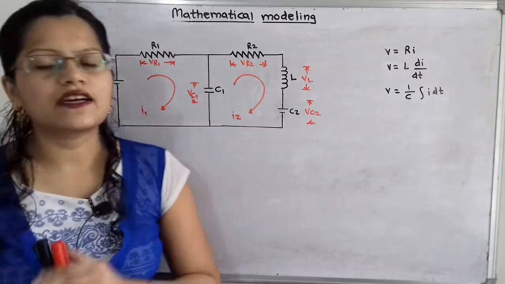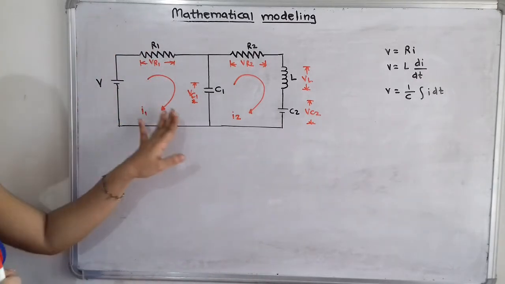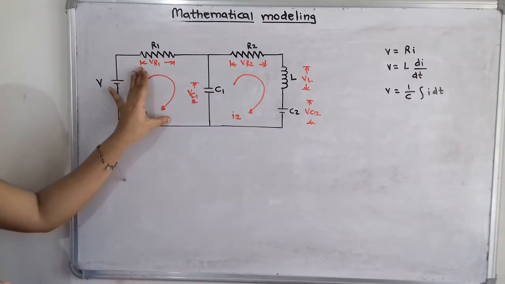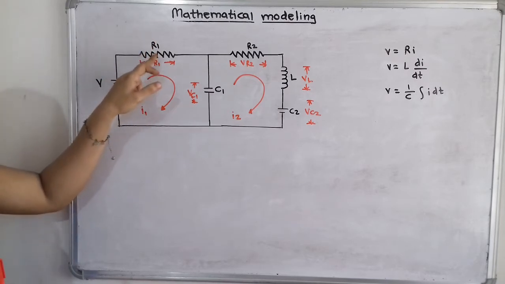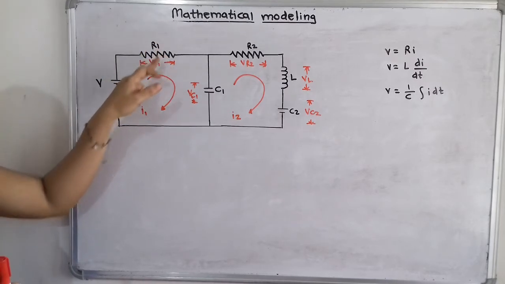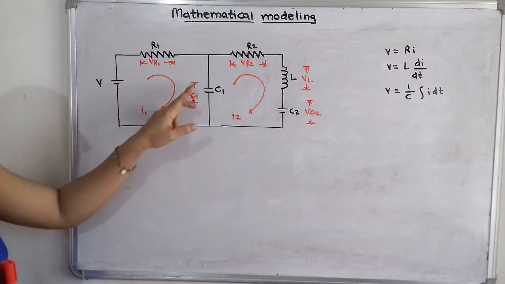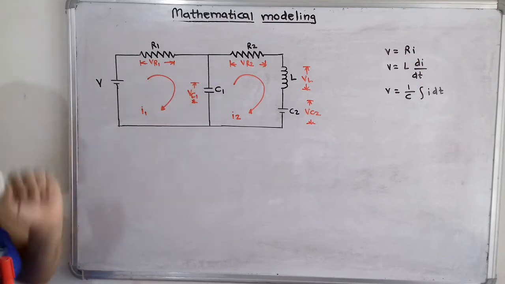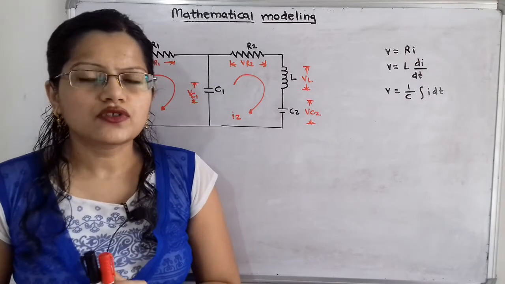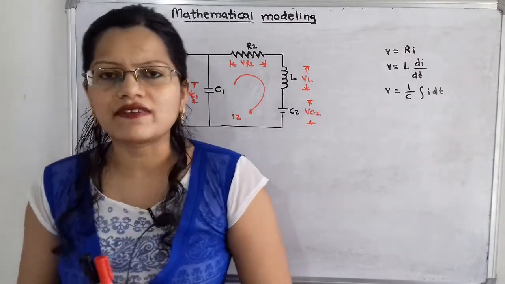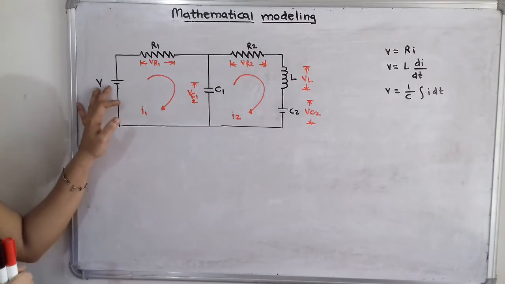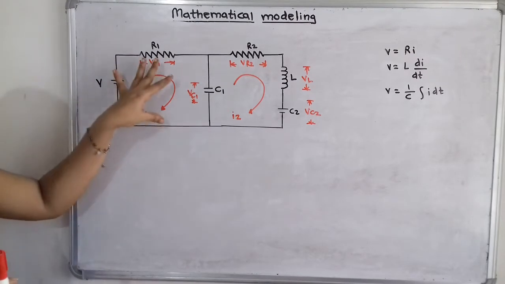Now we will write two different equations for these two loops. Within the first loop there is the voltage V, the voltage across resistor R1 and the voltage across capacitor C1. We know how to write the equation: input is equal to output. The input is the voltage V and it is given to the first loop.